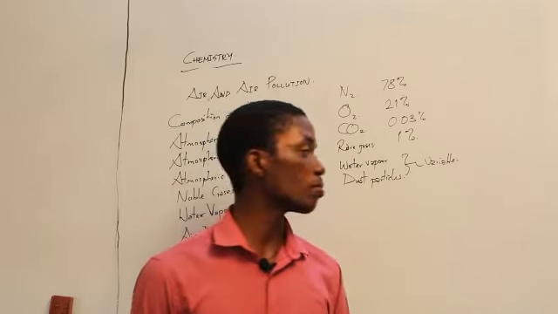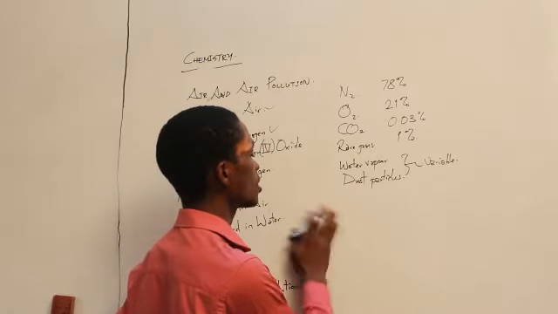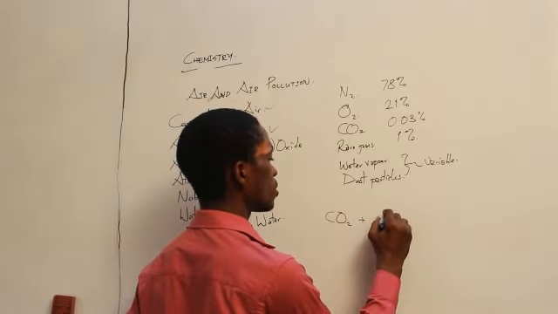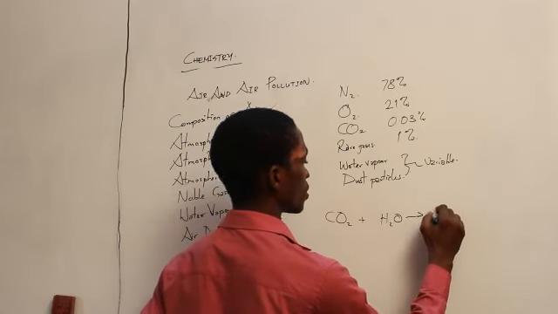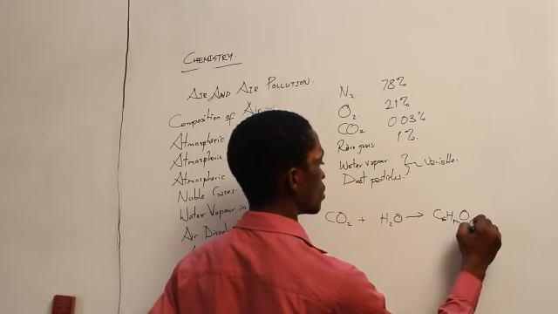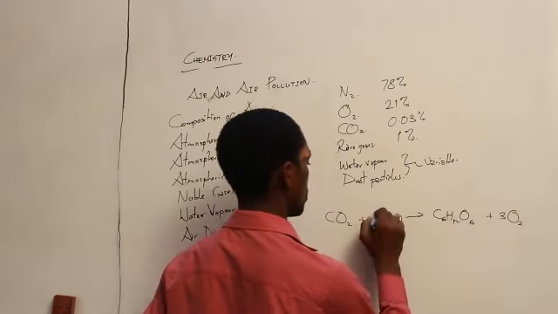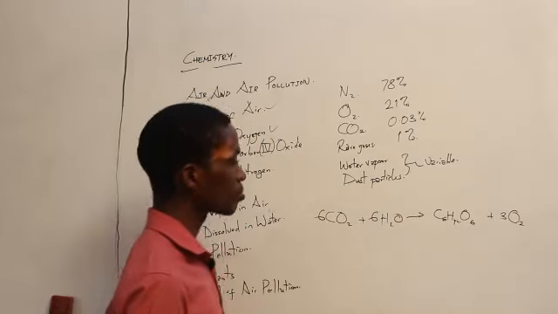Production of food in green plants, where we see the chemical reaction for photosynthesis, which shows CO2 plus H2O would give us C6H12O6 plus O2, and this is 6, and this is 6.